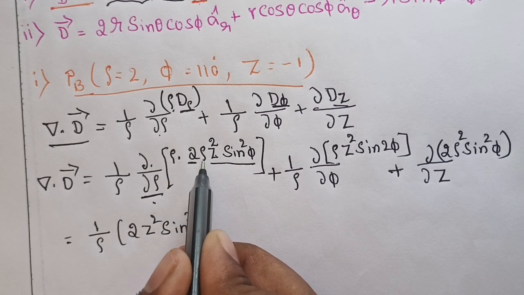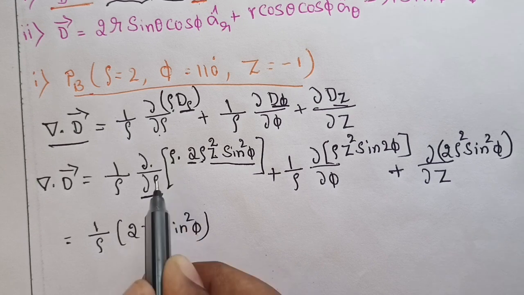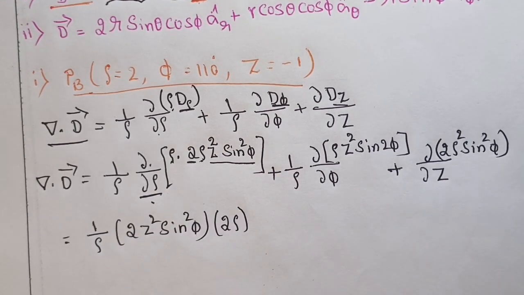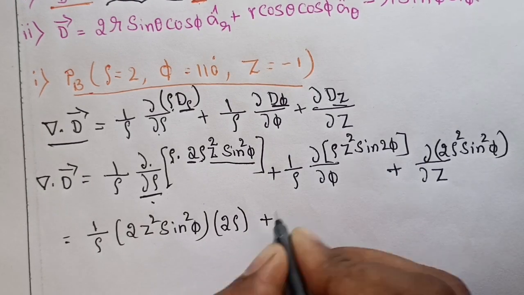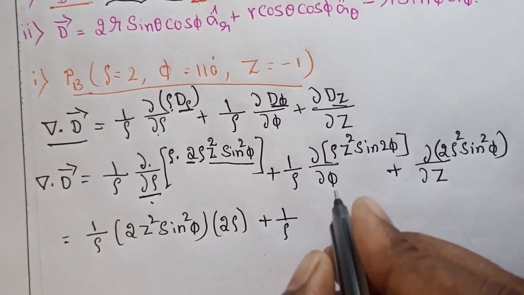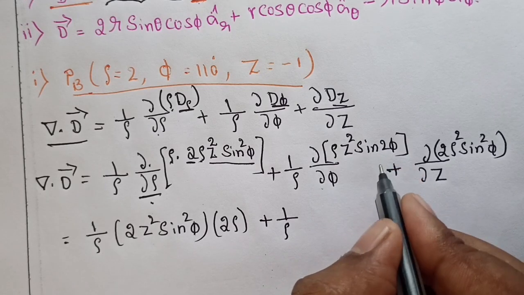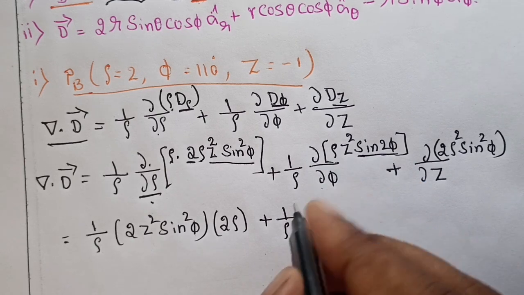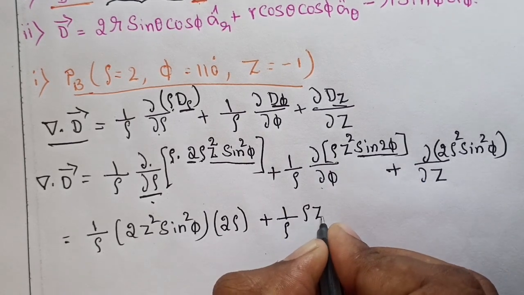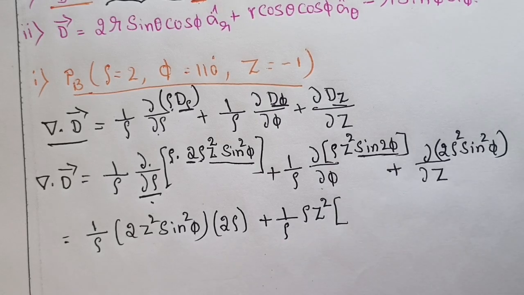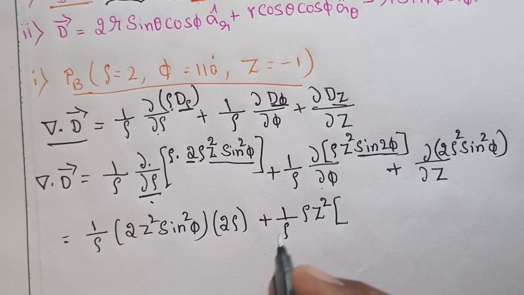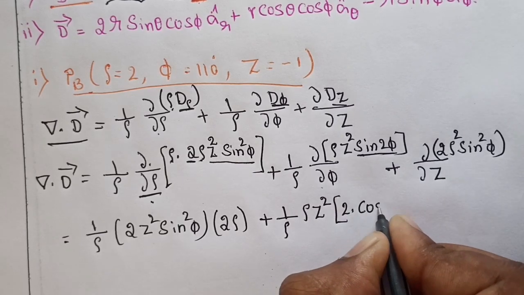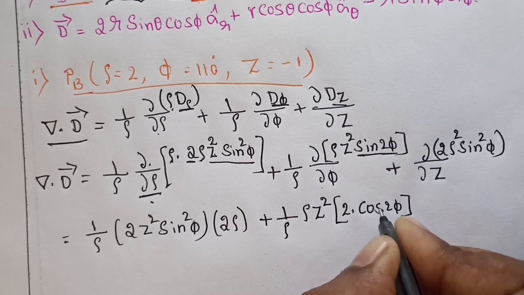You have rho into rho, that is rho square, and the differentiation of rho square is 2 rho. So the first term is done. Coming to the second term, 1 by rho as it is. Now I am differentiating with respect to phi, that is sine 2 phi; the rest is constant, I can bring it outside, that is rho into z square. The differentiation of sine 2 phi is 2 cos 2 phi.